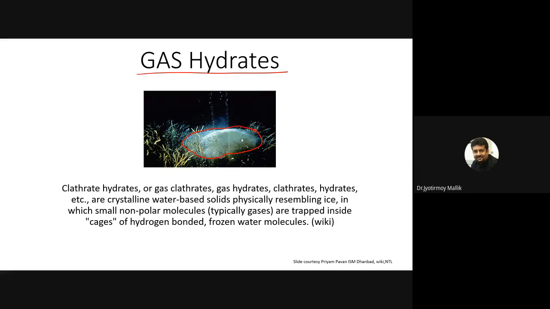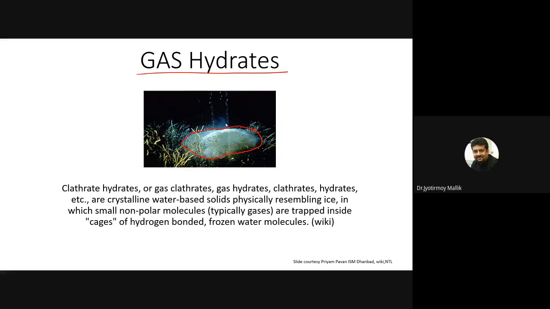There are some technical challenges to exploit this sort of gas hydrate entrapped in ice, and we will discuss them. Because of these technical challenges, it's still quite demanding to actually get the gas out from this ice.